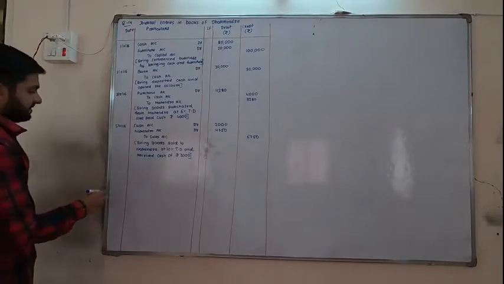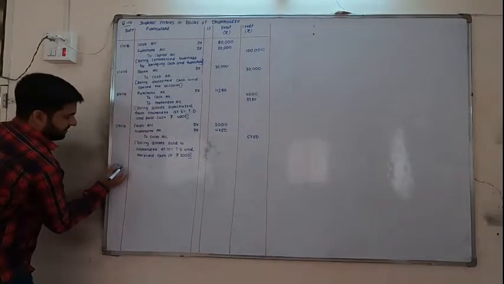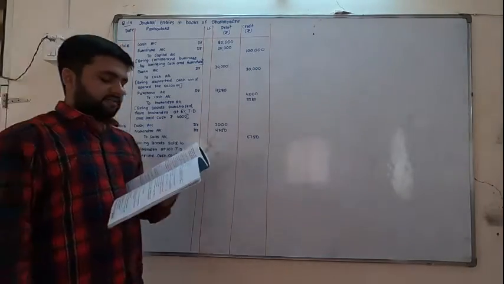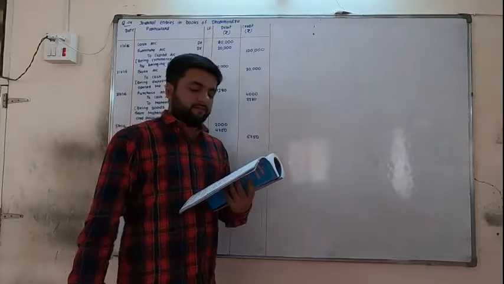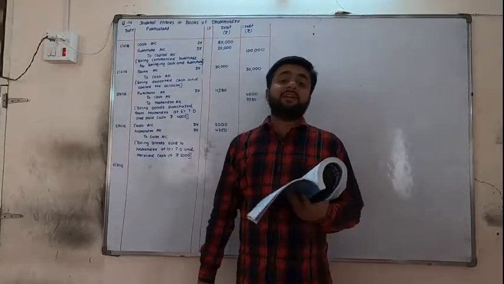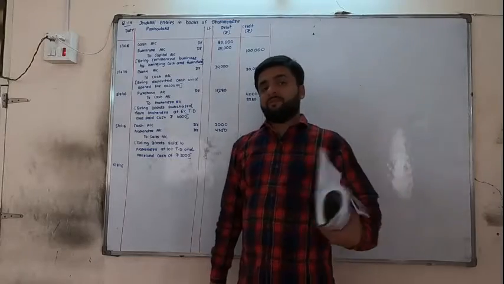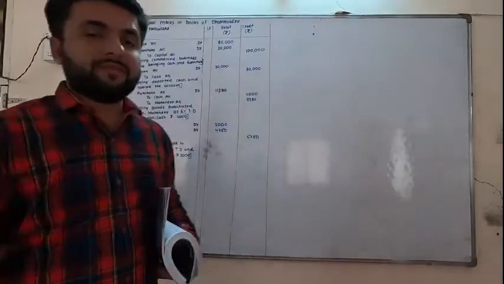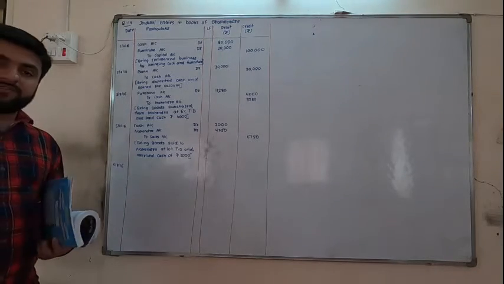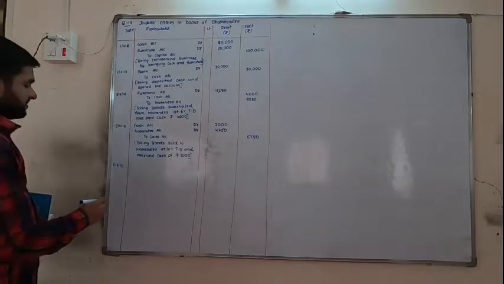Next 6, 7, 16. Paid in cash 3,000 for shop board and 4,000 for advertisement in newspaper. Now see, shop board is included in furniture, because that shop board is of wood and mostly it is included in furniture, so furniture will be debited and advertisement expense will be debited, and we are paying the cash, so cash is credited.